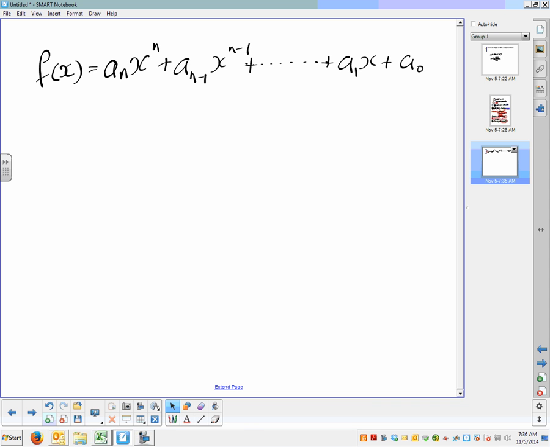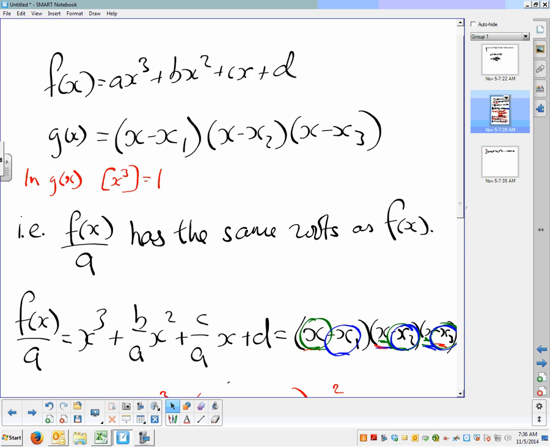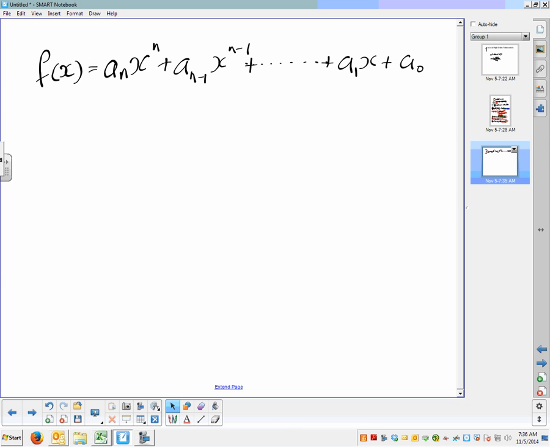Just like in the cubic over here, if you add up all its roots, it was equal to the second coefficient divided by the first. The same is true here.